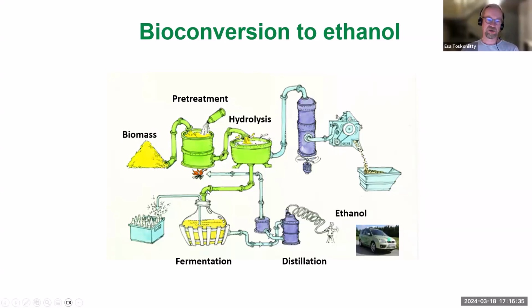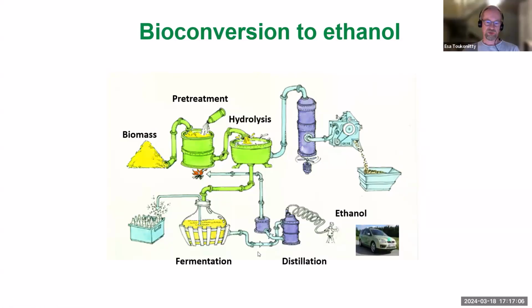Then you have the fermentation step, where you convert the glucose and some other sugar molecules into ethanol and carbon dioxide. It's identical to alcohol or wine production, beer making, this type of steps. So once the yeast has done the fermentation, basically the majority of the sugars are converted into ethanol.